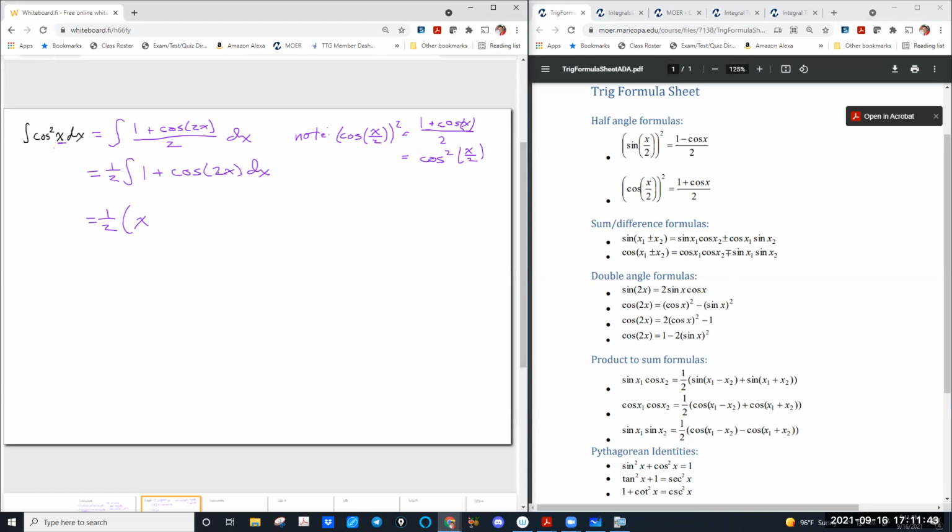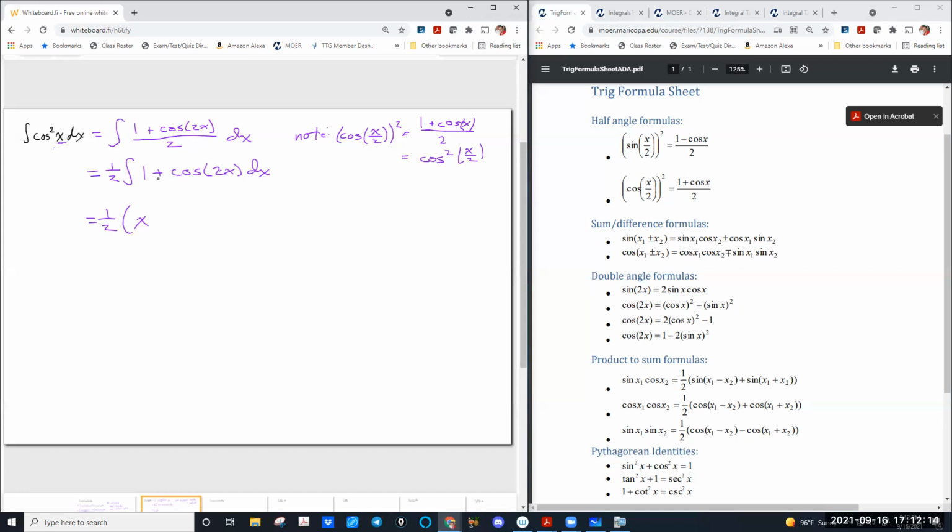Now this would fall under our u-sub, because we have to undo the chain rule here. But I want to give you a way of thinking about it. If you want to do a u-sub on this, by all means, do a u-sub. There's nothing wrong with that. But all that's really going on is we have more than just x in the cosine. If we were to take the derivative of this, it'd be negative sine of 2x times 2, the derivative of the inside.